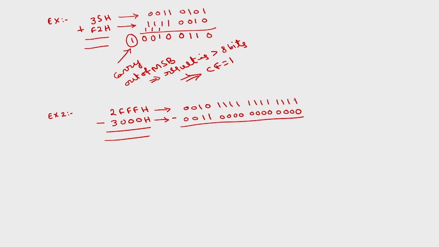So, 1 minus 0 is 1, 1, 1, 1, and then 0 minus 1. How to perform 0 minus 1? Normally people will think that this is 0, but here this requires a borrow, it takes a borrow from this bit.